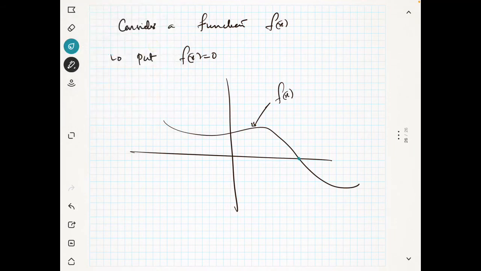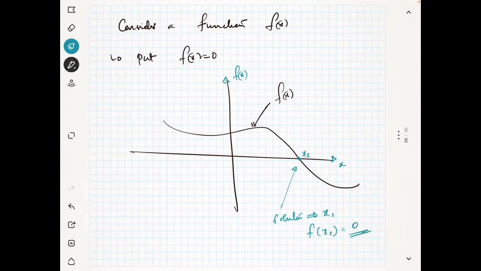This is the solution, some point xs. The solution is nothing but xs, such that if you substitute the value of x as xs in the equation, you will get exactly 0.